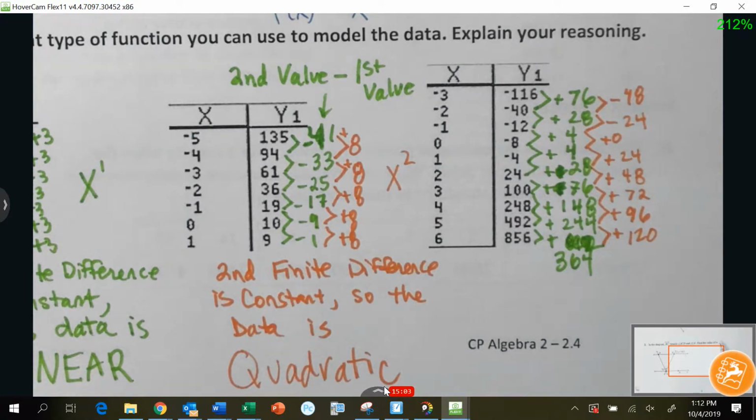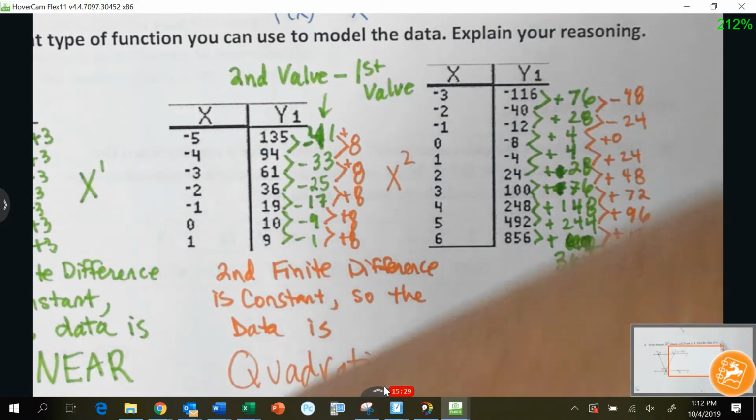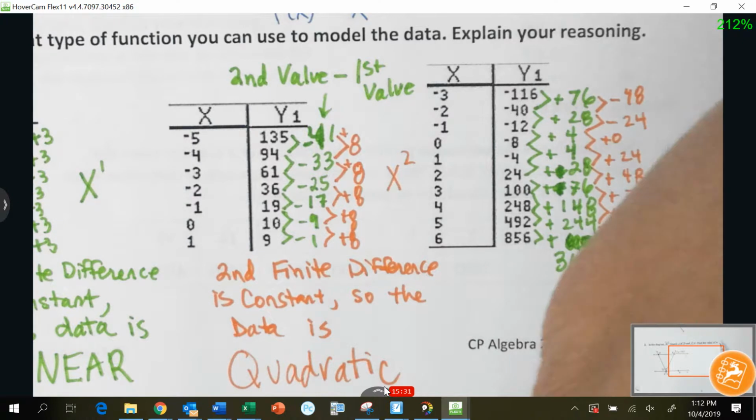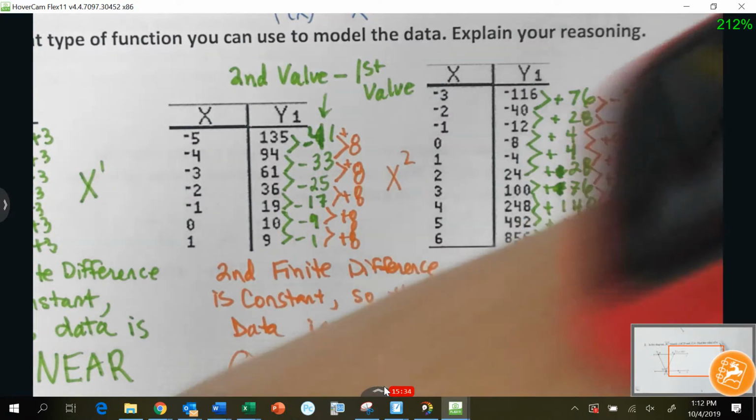Okay. Is it quadratic? What do I do? Oh yeah, do it again. Keep going. I need another color.